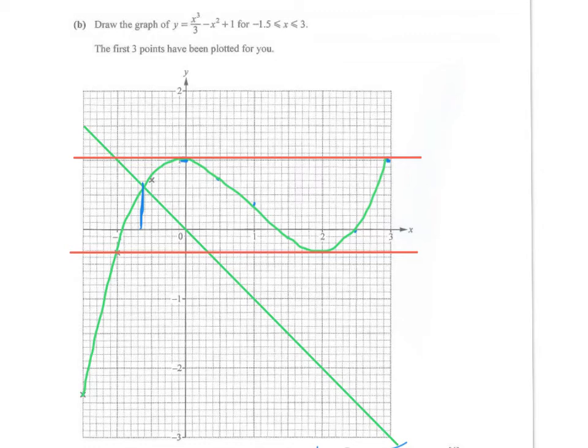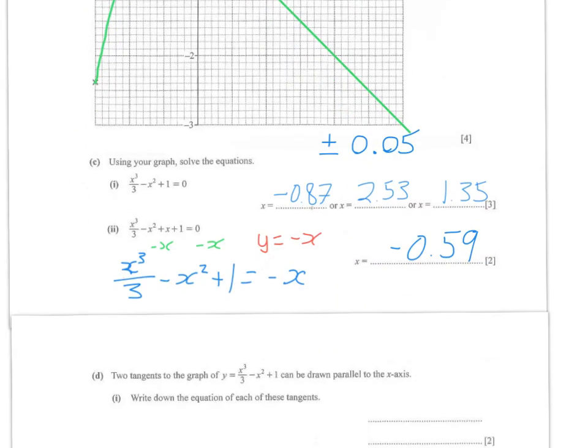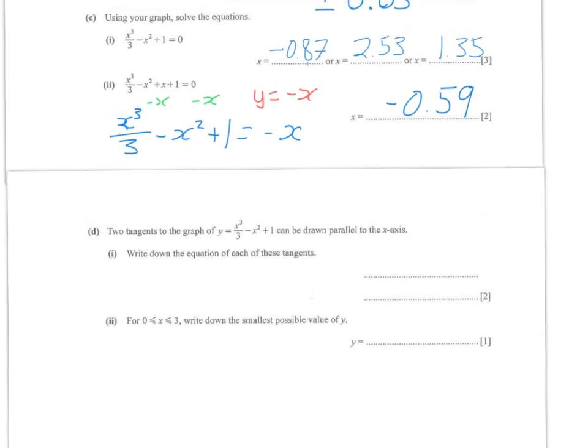They're both horizontal lines, so their equations are both going to be of the form y equals. I'm going to pull off the mark scheme again rather than my terribly drawn graph here. But this top one has an equation y equals 1, and this bottom one y equals negative 0.33. Again, some flexibility allowed on that. And I'll just copy them down into the answer box here.